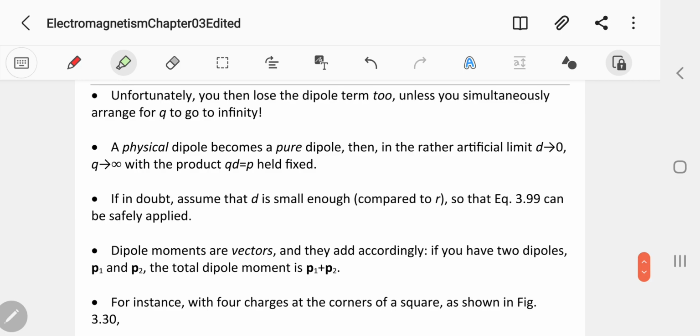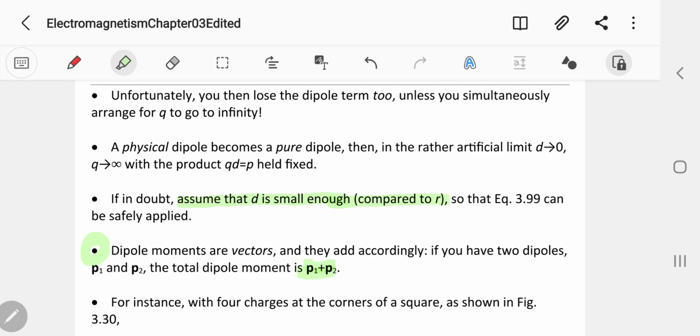And it should be noted that d, the distance between the two charges, should be small enough compared to r in order for the approximation to be safely applied to the problem. So here's a note: if you have two dipoles p1 and p2, the total dipole moment is then equal to p1 plus p2.